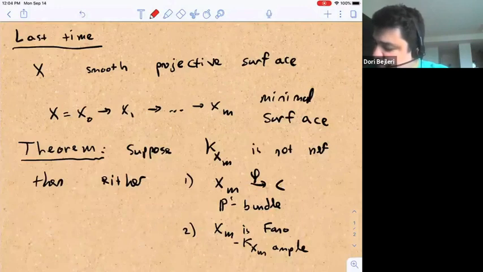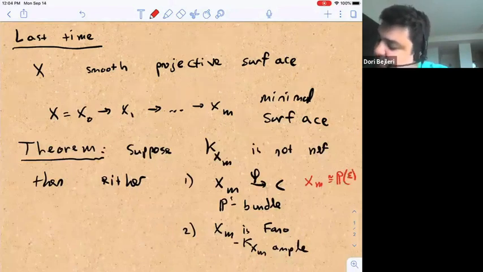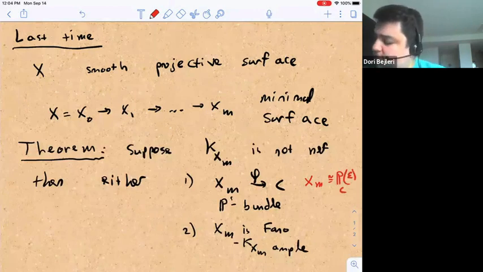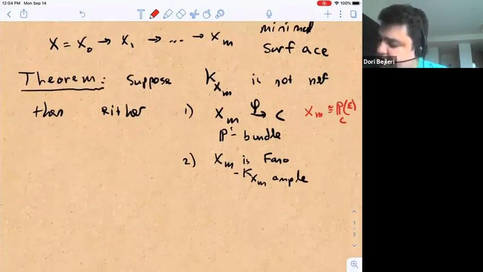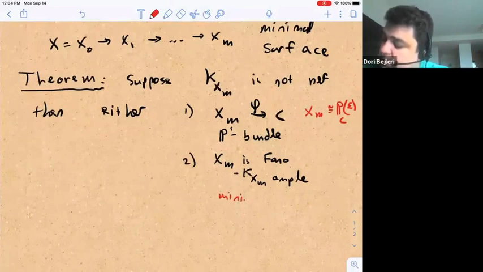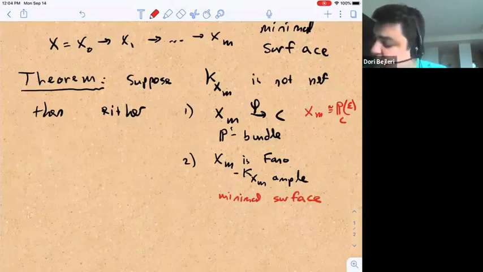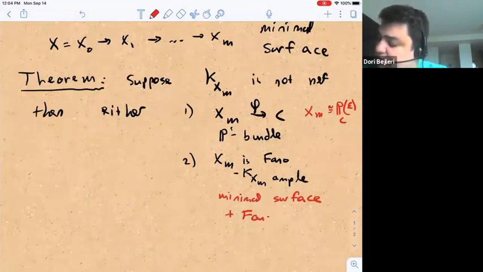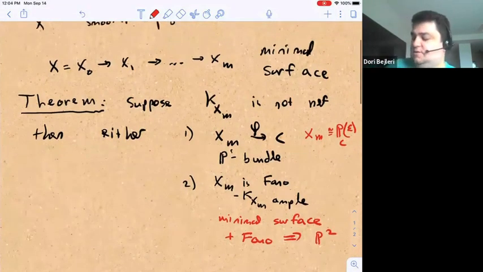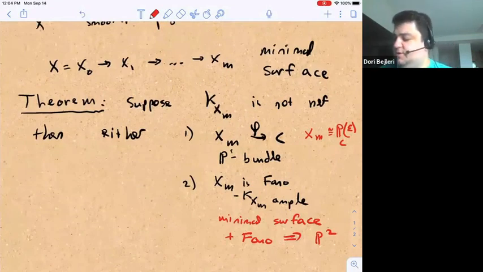You can actually see that in this first case, X_M is a ruled surface, so it's the projectivization of a vector bundle on C. And in the second case, it turns out that any minimal surface that's also Fano over the complex numbers is actually just P2. But we're going to focus on just proving the weaker statements that you get either a P1 bundle or a Fano surface.